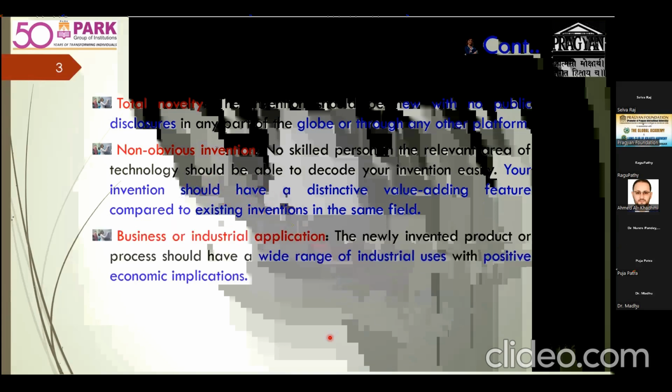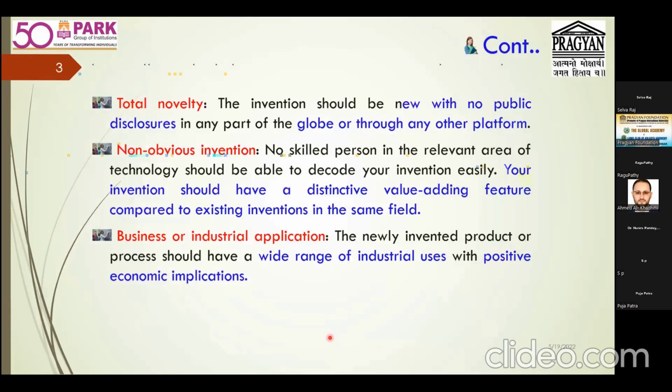And finally, as I said before, we can go for commercial use. For example, if I find something in terms of some machines or some product, some accessories to be fitted into some machines, it is for industrial applications.